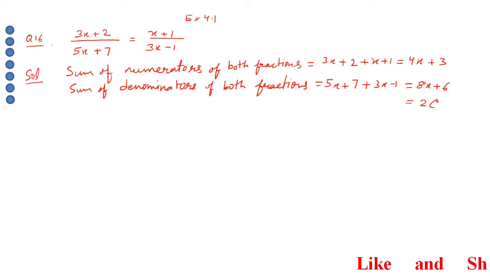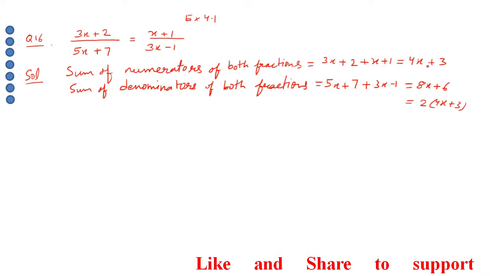Now you can see that we can take 2 common, and we get 2(4x + 3). Just see, 4x + 3 here and 4x + 3 here also.